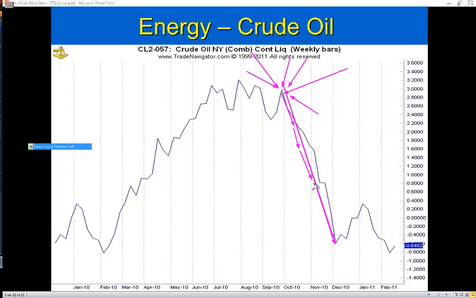But on average, through the life of history that we've been using futures, and that's why it's important to look at some of this stuff that we get from the futures industry, this is not the greatest time to be looking at long positions in crude oil. The best time, give or take a week or two, is anywhere between the third week of November and the first week of December.